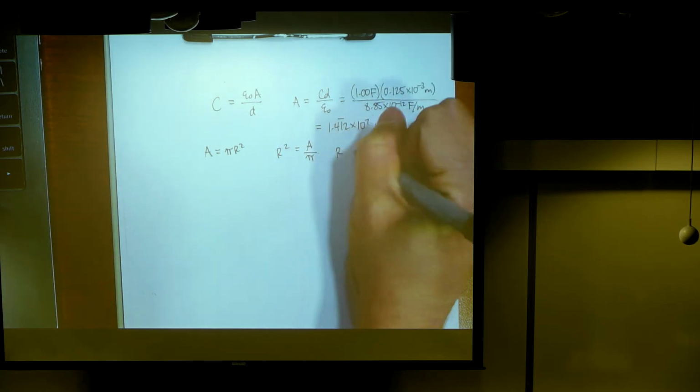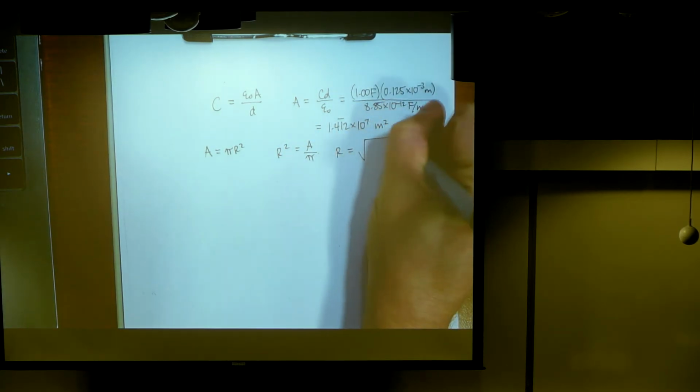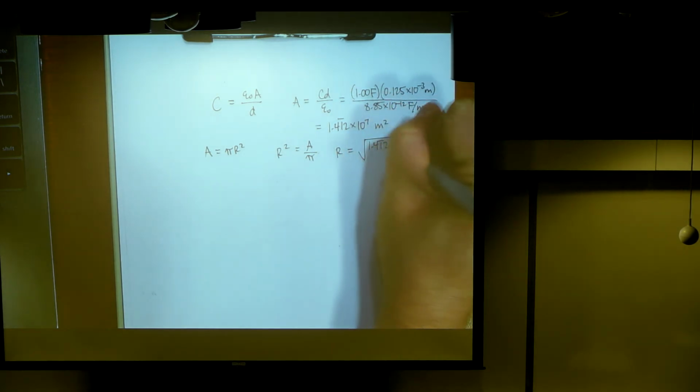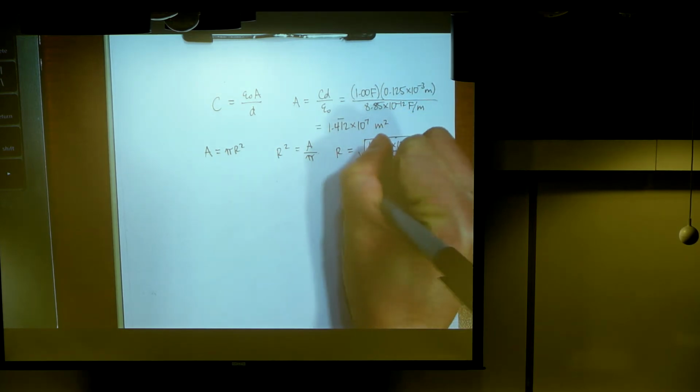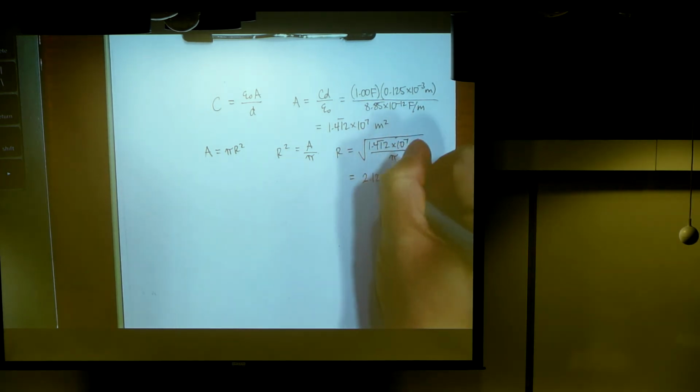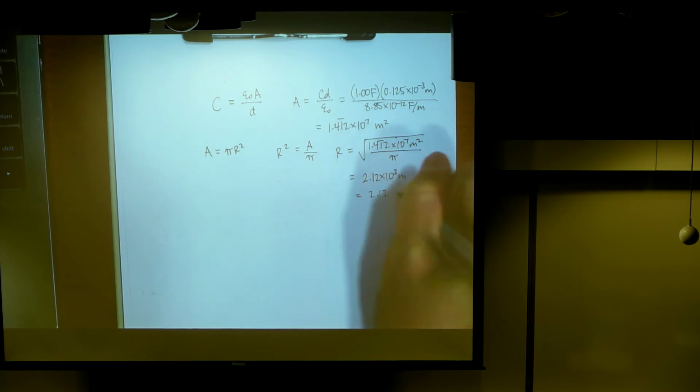So then if we take the area we found, 1.412 times 10 to the 7 meters squared, divide that by pi, and then take the square root. That's your radius. And this comes out to 2.12 times 10 to the 3 meters, or 2.12 kilometers.